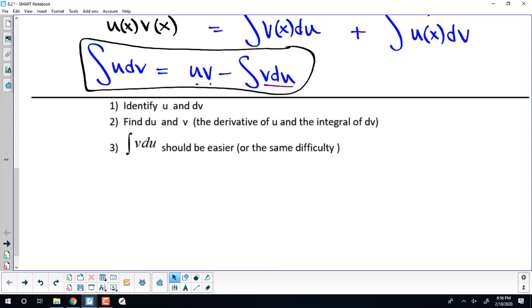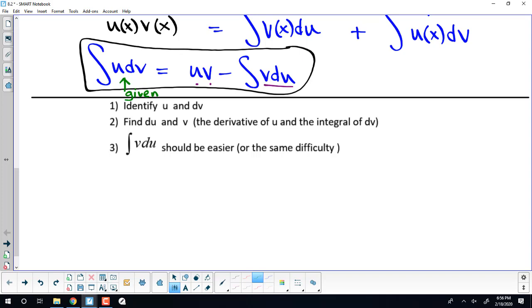Okay, so the process is to identify this right here, because this entire integral says find the antiderivative of all of that. That's going to be given to you. So we want to identify u and dv, and then we should be able to find v and du from those respectively. So if you identify u, you got to find this du by taking the derivative.